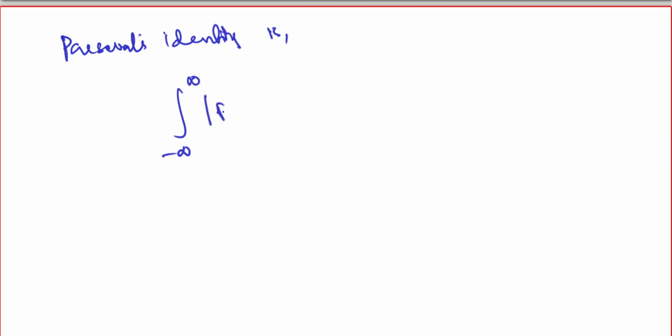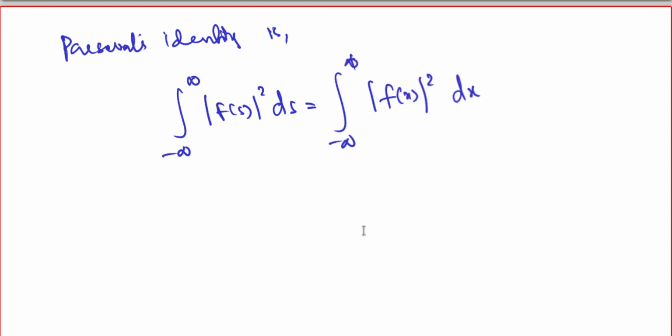Now, to evaluate what I have written in the question, I'm going to use Parseval's identity. So first of all, what is Parseval's identity here? We know that the integral from minus infinity to plus infinity of the modulus of the Fourier transformation squared is the same as the integral from minus infinity to plus infinity of the modulus of f squared dx as well.